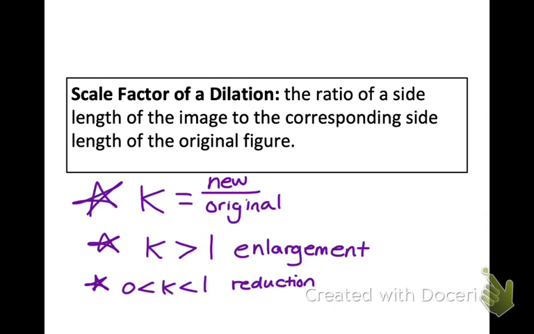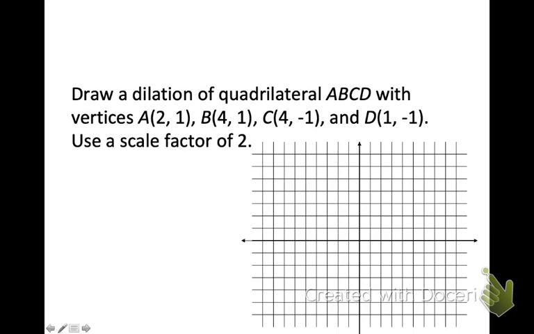Yes? All right. So the last type of example we're going to do is just tying it all together. So here they're making us do a dilation of a quadrilateral ABCD, with vertices at 2, 1. So let's put a dot at 2, 1. Label it A. B is at 4, 1. Label it B. C is at 4, -1.